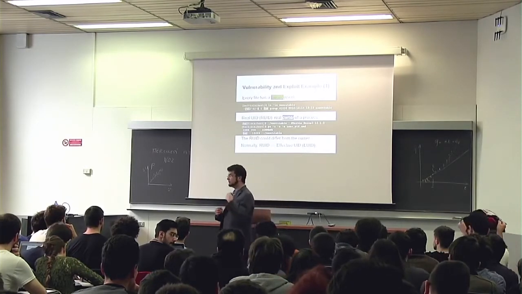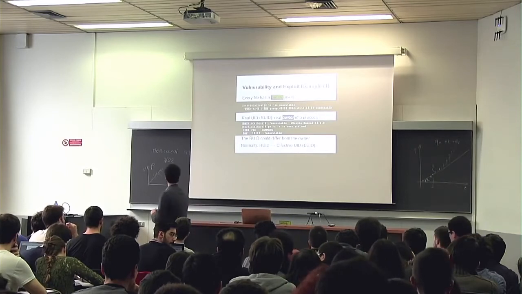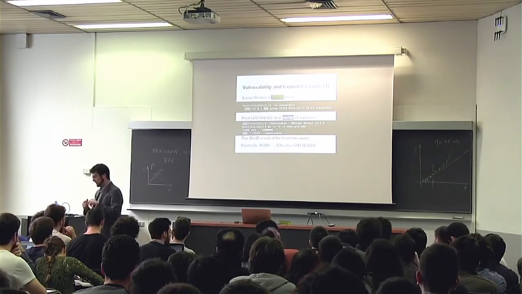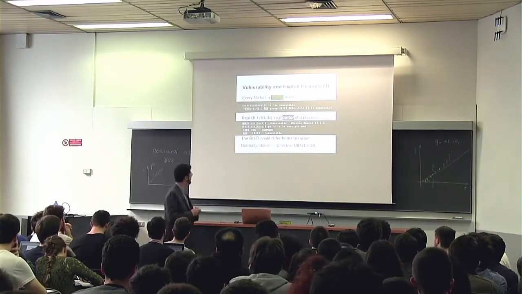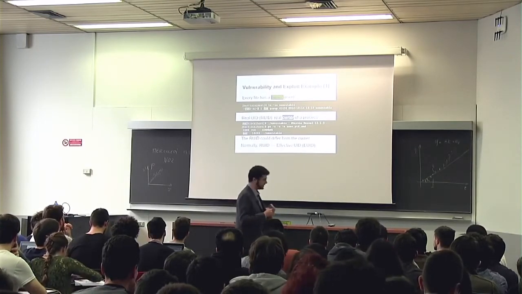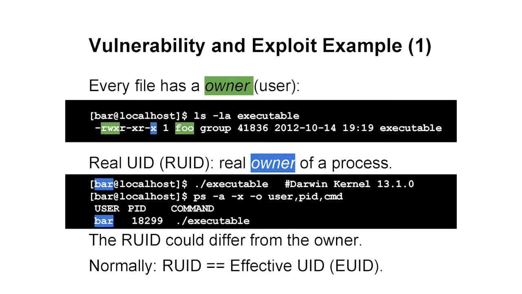And this user, that is its owner, can actually modify the privileges of that file. So in that first example over there, user foo, in green, is the owner of the executable that is called aptly executable.